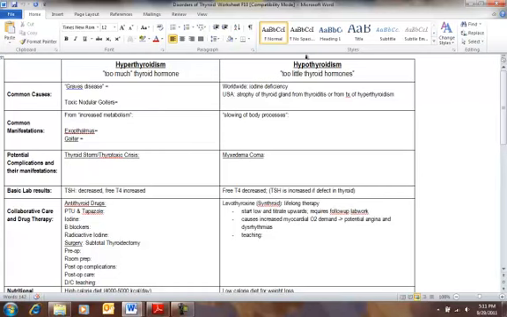Once someone is diagnosed with hypothyroidism, they need to be on Synthroid for the rest of their life. It starts out slow and increases gradually. Anyone that is receiving Synthroid can potentially move on the continuum up into hyperthyroidism.